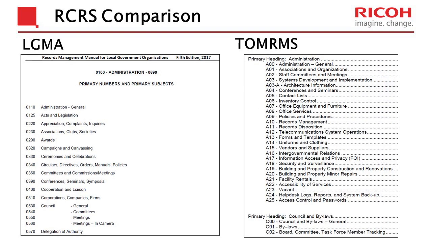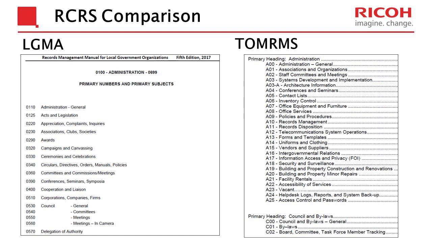Now let's look at TOMRMS. The way they designed TOMRMS is a little bit different. They made the numbering scheme a little more intuitive. When you look at the administration primary heading and its secondary headings, they usually begin with the first letter of the section heading. Here it's A001, so the A tells us it is for administration. But it basically serves the same purpose, right?